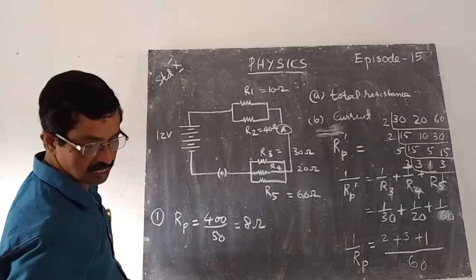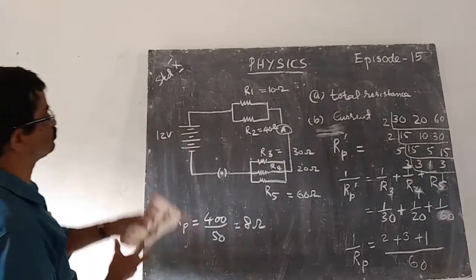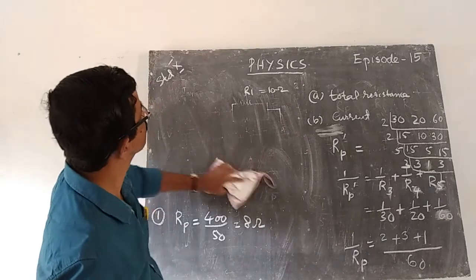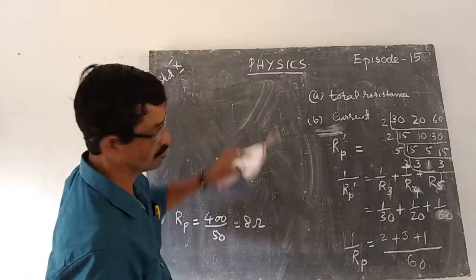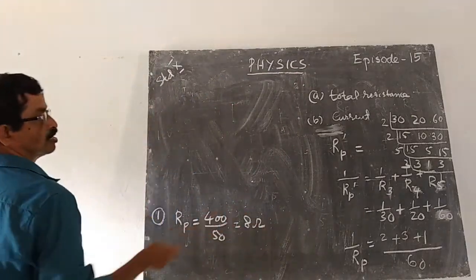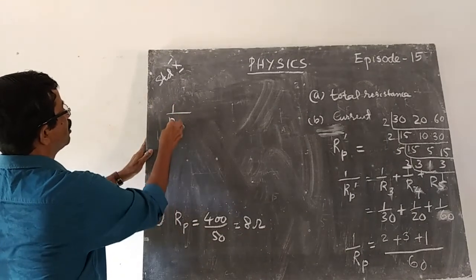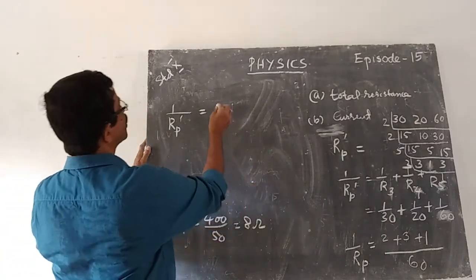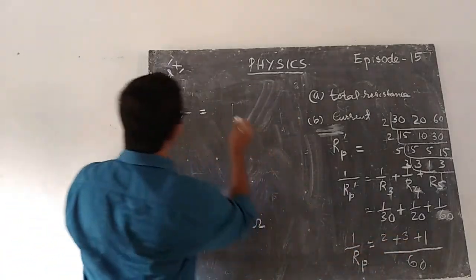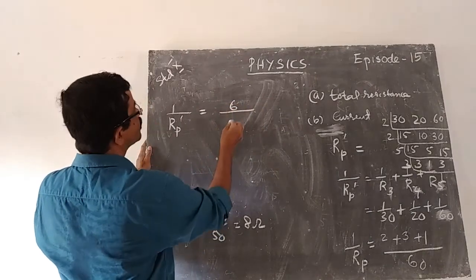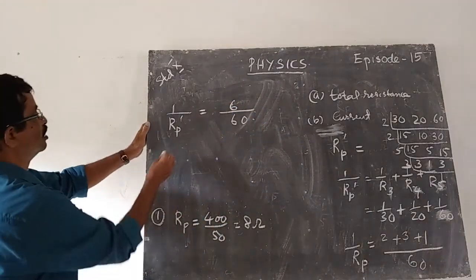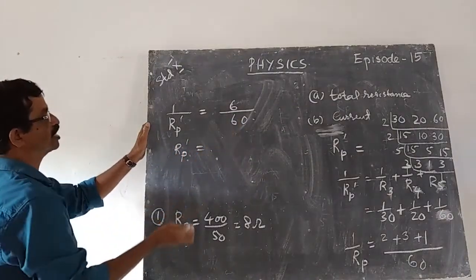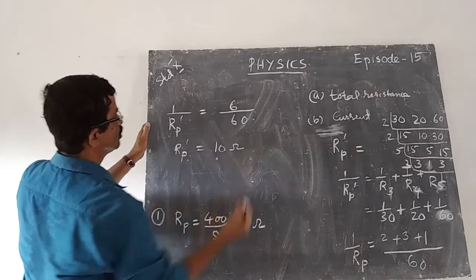That is, 1 by Rp dash is equal to, altogether, 2 plus 3 plus 1, that is 6 by 60. Take the reciprocal: Rp dash is equal to 60 by 6, that is equal to 10 ohm.